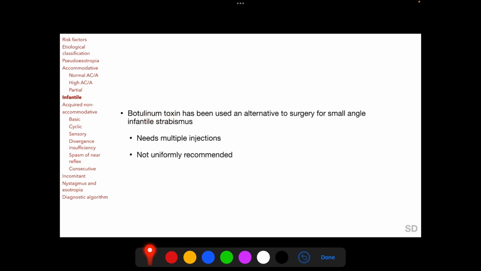Botulinum toxin has been used as an alternative to surgery for small angle infantile strabismus, but multiple injections under general anesthesia are required in these patients, and botulinum toxin as a treatment option for infantile strabismus is not uniformly recommended.